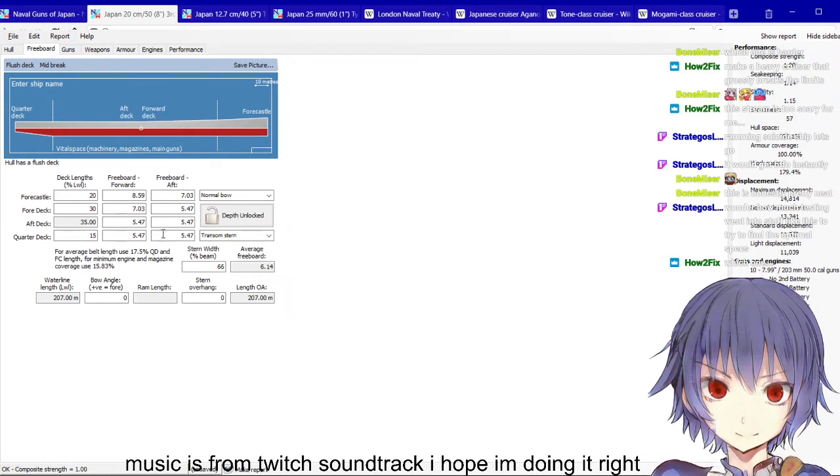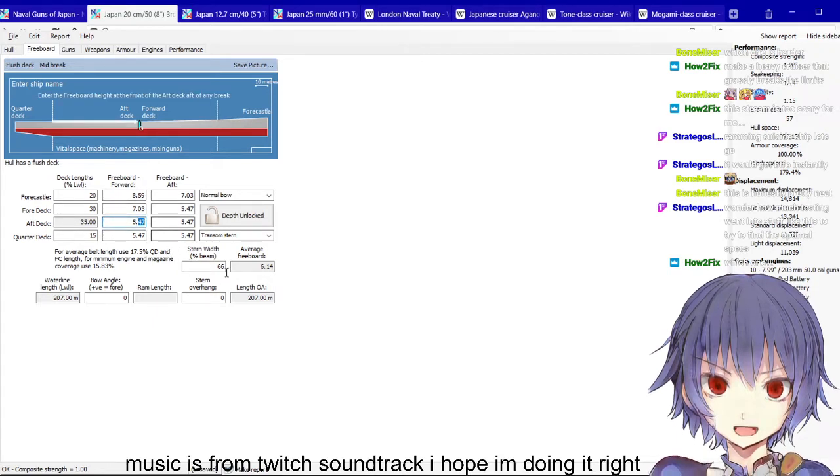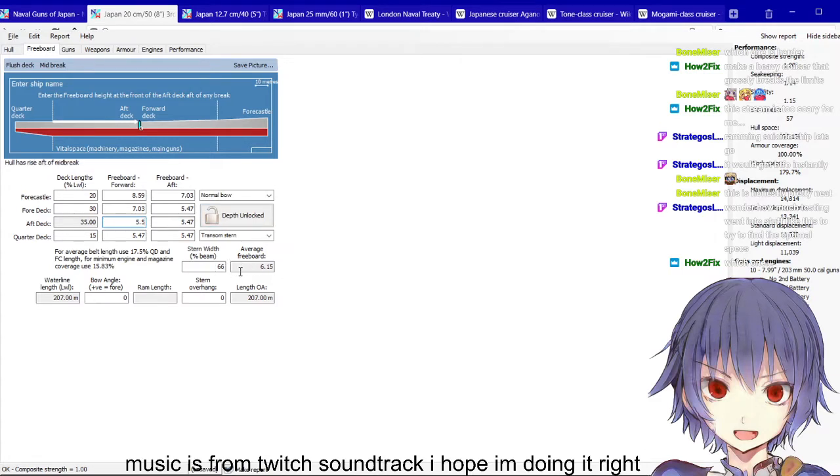So there's some other stuff we're gonna mess with real quick. One of those is freeboard height. Can save some composite strength by decreasing the average, and also I want a nice round 5.5 meters for the height of most of the deck.